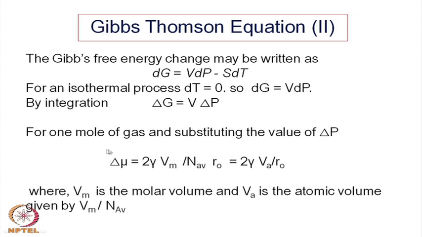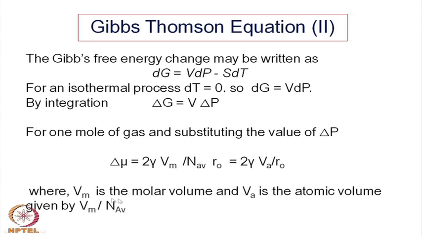For 1 mole of gas, and substituting the value of delta P, one gets delta mu, the change in chemical potential. Mu is here the chemical potential. So, one can get 2 gamma Vm by Na, the Avogadro number, into r0, equal to 2 gamma Va by r0, where Vm is the molar volume of 1 mole of material, and Va is the atomic volume.